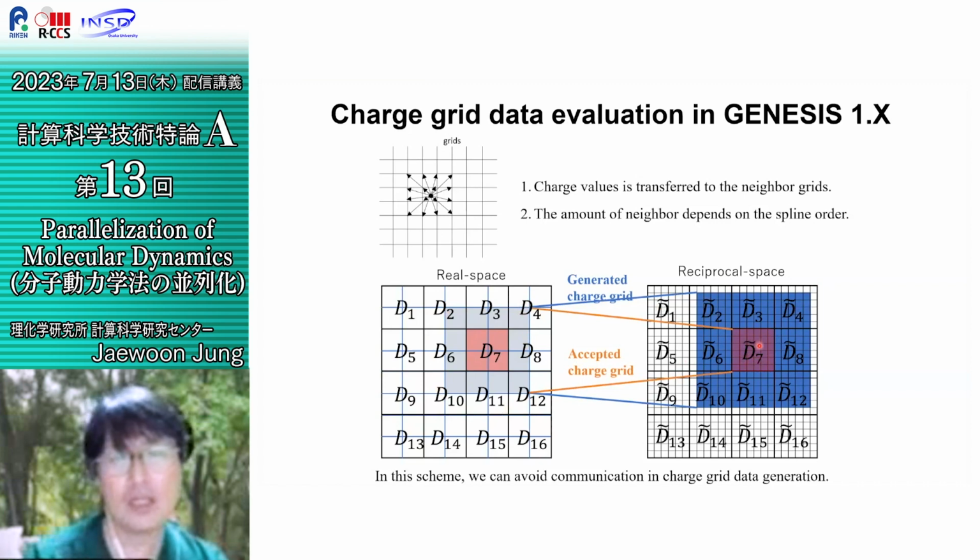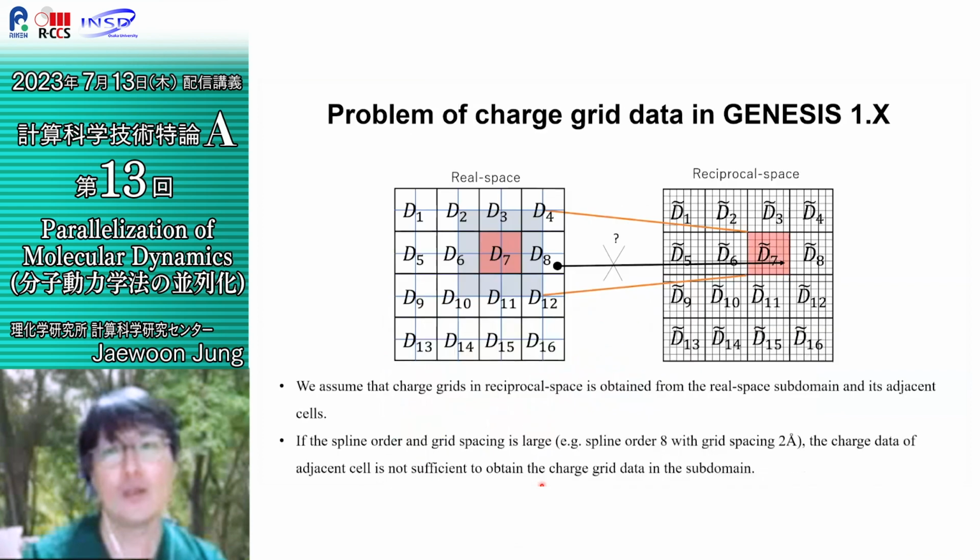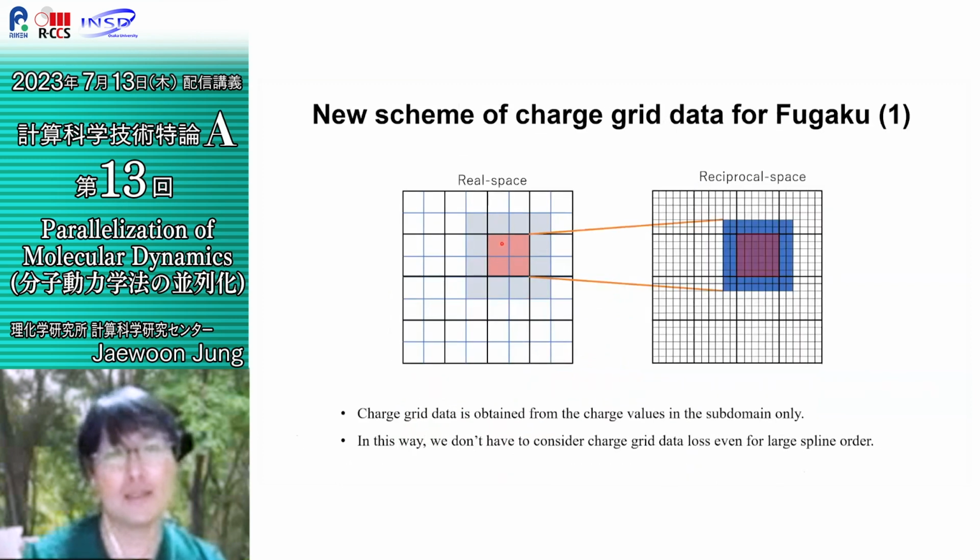But on Fugaku, we found that this way can avoid communication, but somehow requires more computational cost. So why do we need this kind of unnecessary thing? In our case, we are considering only the charge grid data of this subdomain.